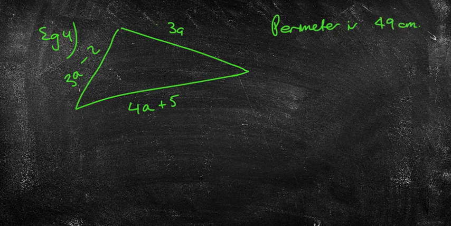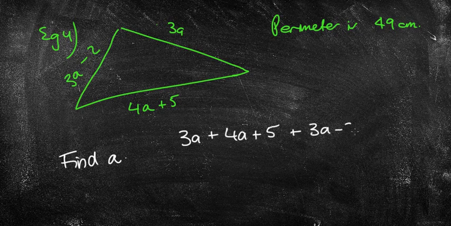Okay, so it might say something like find a. So I know the perimeter means I add all my 3 sides together, which means 3a plus 4a plus 5 plus 3a minus 2, and I know the answer equals 49. Again, I can see that I've got my 3 sides there of my triangle.